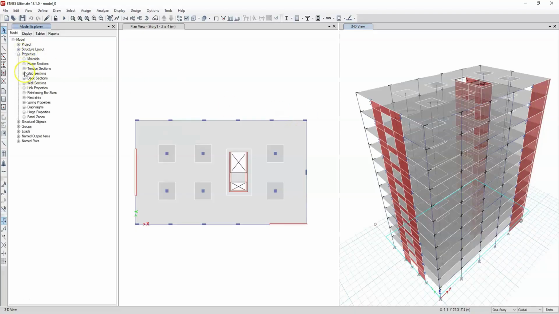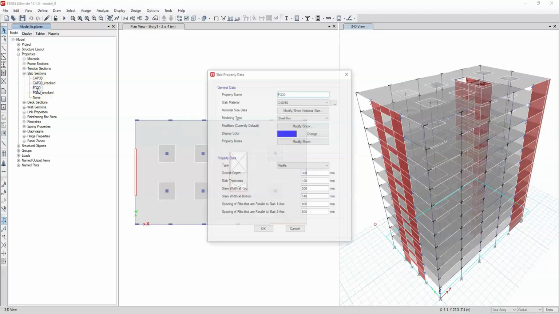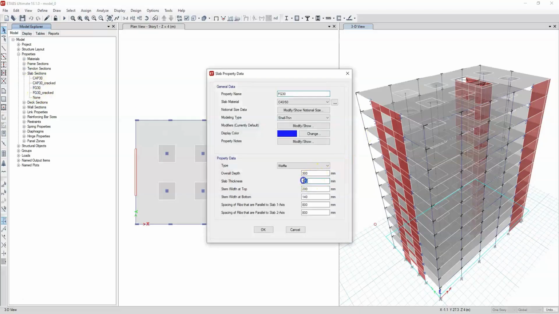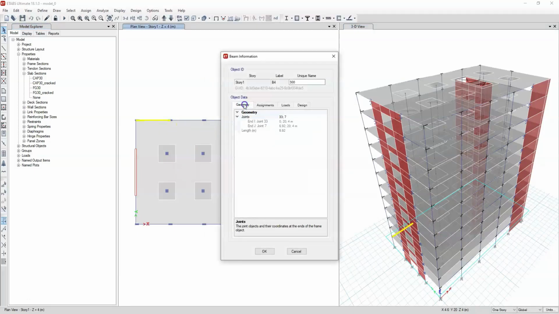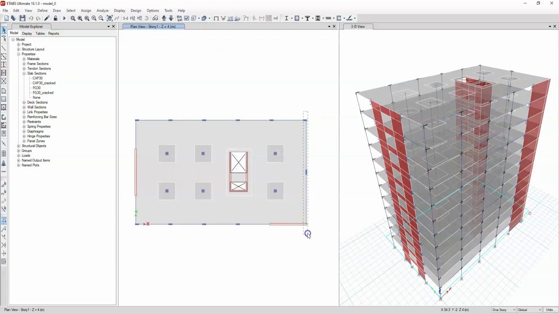Our slabs are waffle slabs with a 30 centimeters total depth and a 10 centimeters compression layer. We have perimeter beams of 30 by 80, except for the beam on the right facade, which is 30 by 100, and a roof perimeter beam which is also 30 by 100.